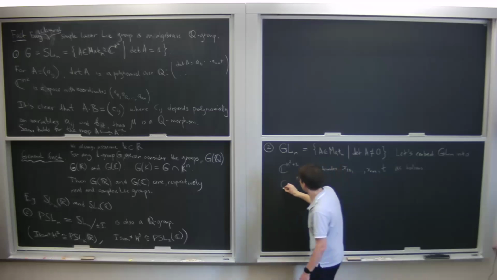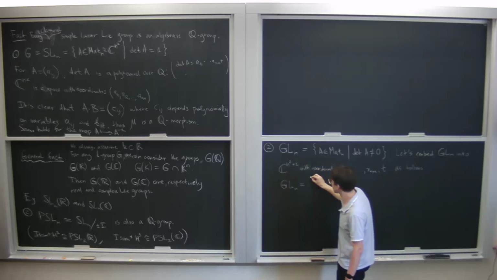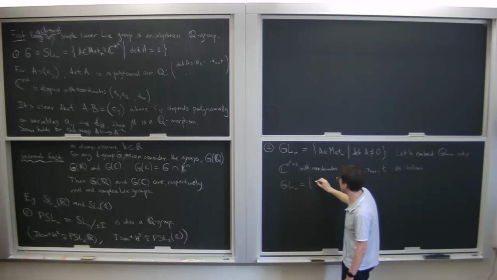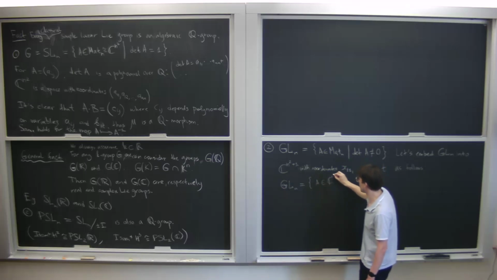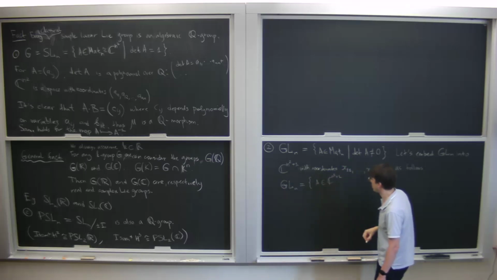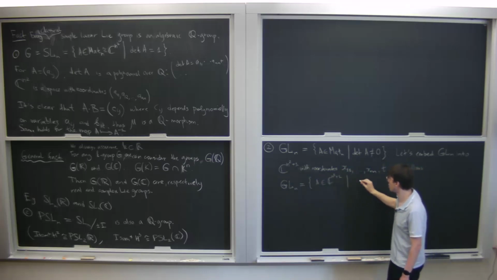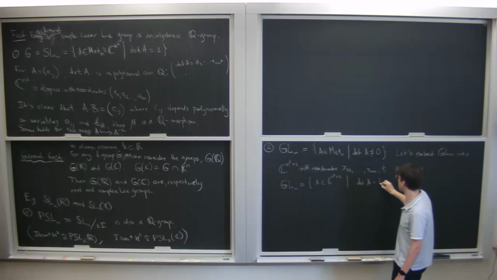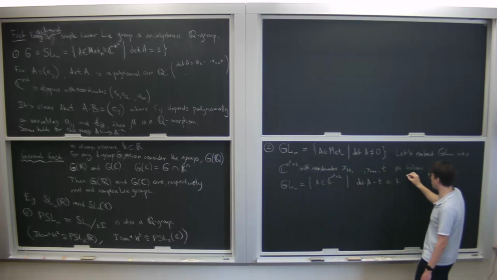GL_n is the set of all elements from this space of dimension n^2 plus 1 such that the determinant of A times this parameter t is equal to 1.